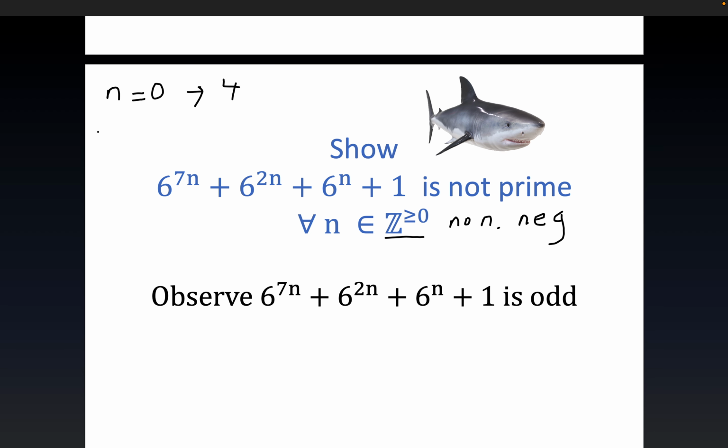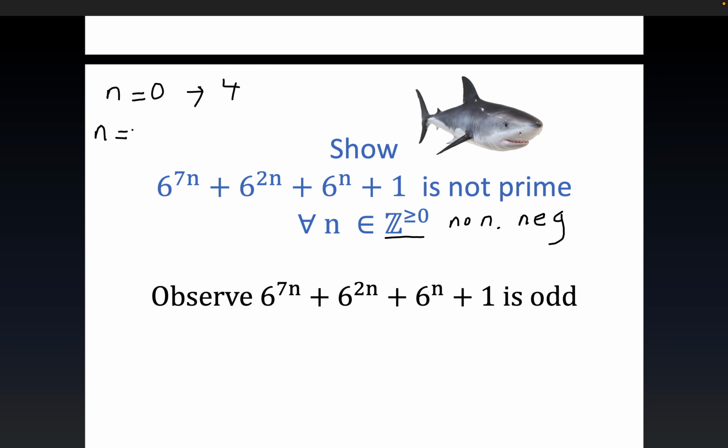Okay, now let's look at n equals 1. I won't even try to do this one all the way out, but I'll just write it down. That would give you 6 to the 7th plus 6 squared, plus 6 plus 1.